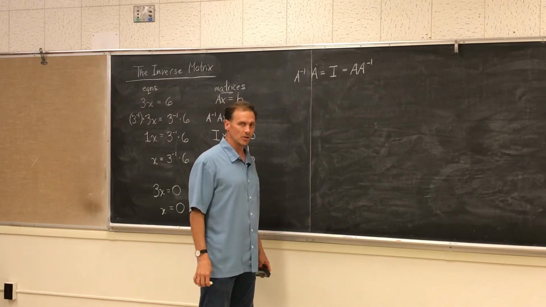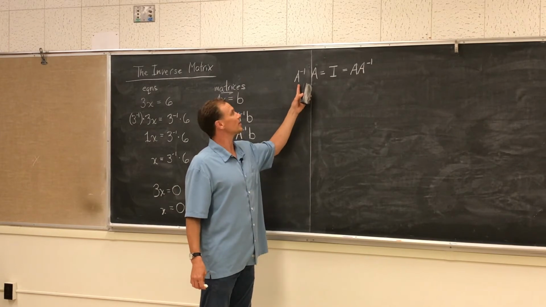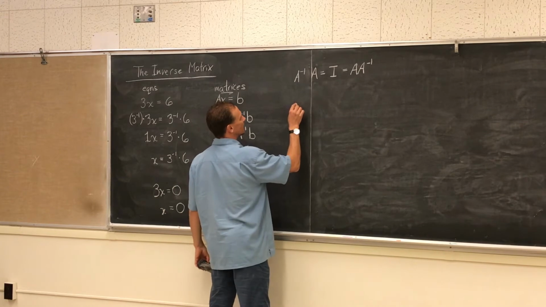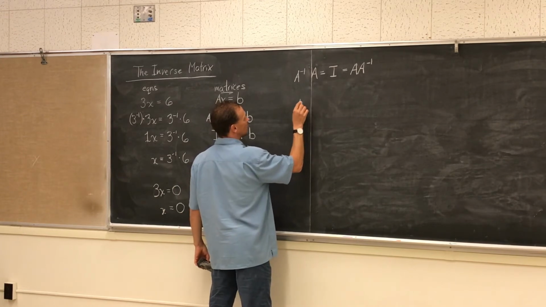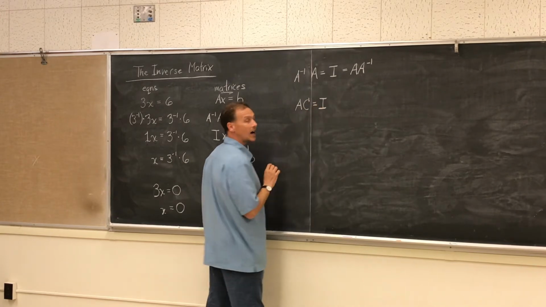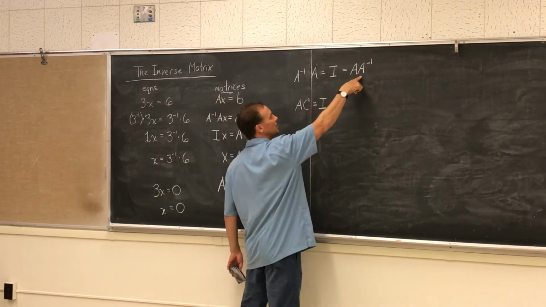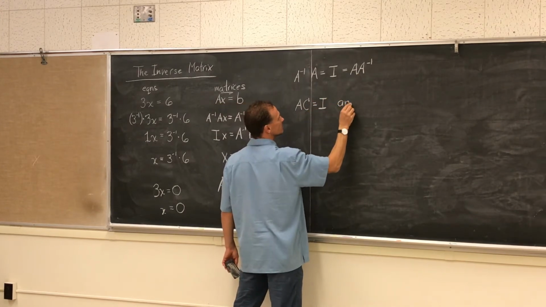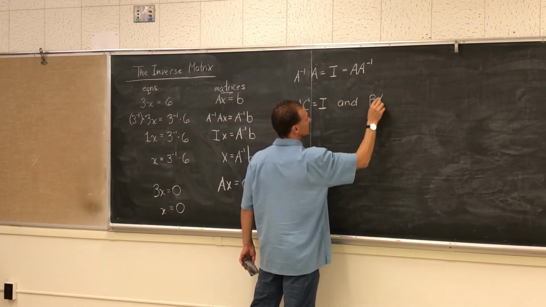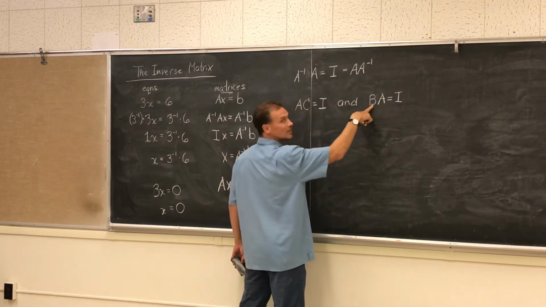And I want to show you that it's unique, that there's only one matrix that becomes the inverse. So let's do this. If we have some matrix A, and I multiply it by some matrix C, and I get I, C in this case is a right inverse. And if I have some matrix B times A, and that equals I, this is a left inverse.